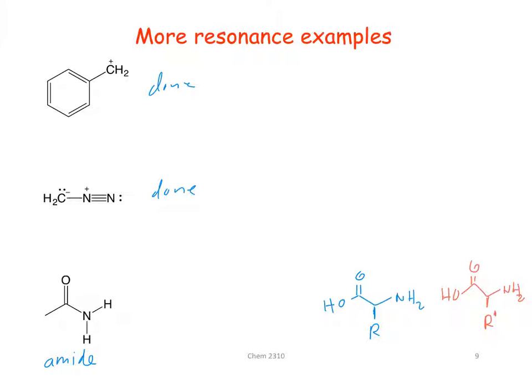Okay, so these two can react with one another, and if we lose one H from over here and an OH from this side, we lose a water molecule, and then we link those together.